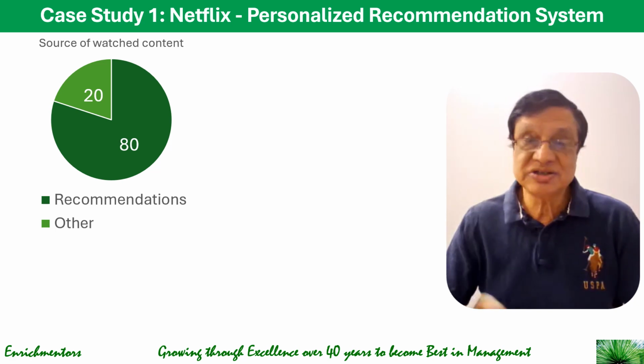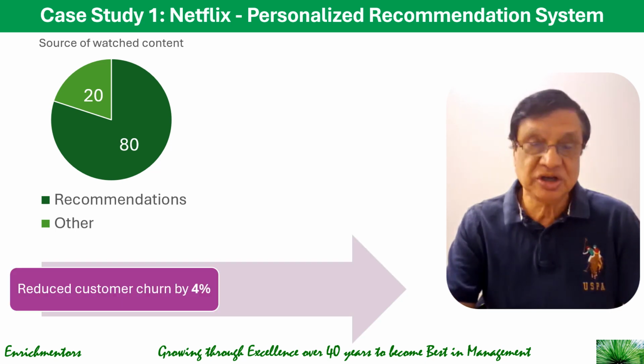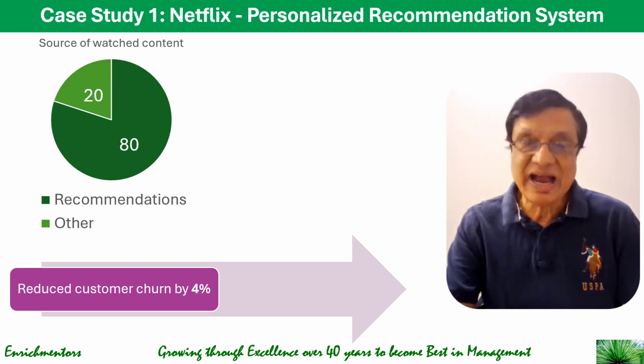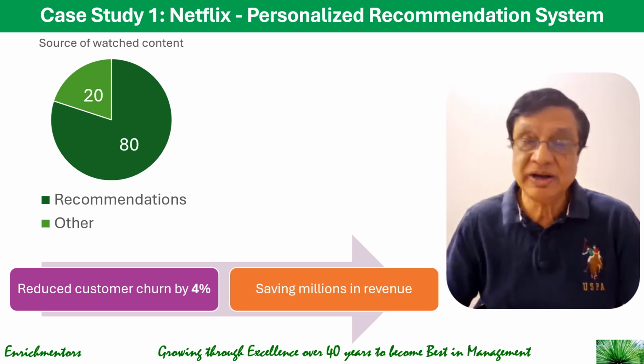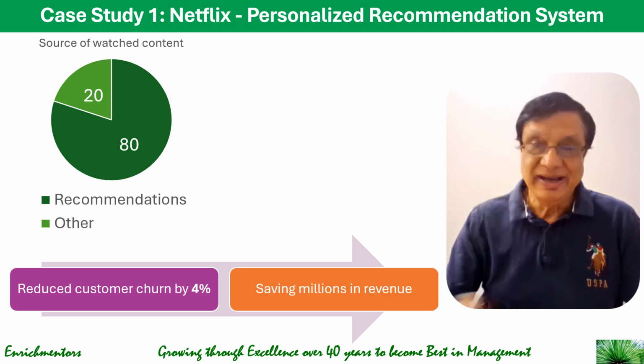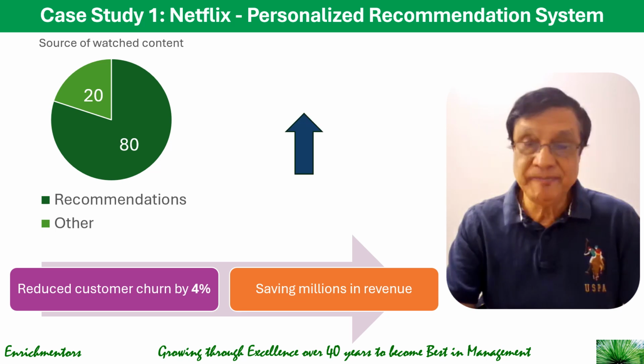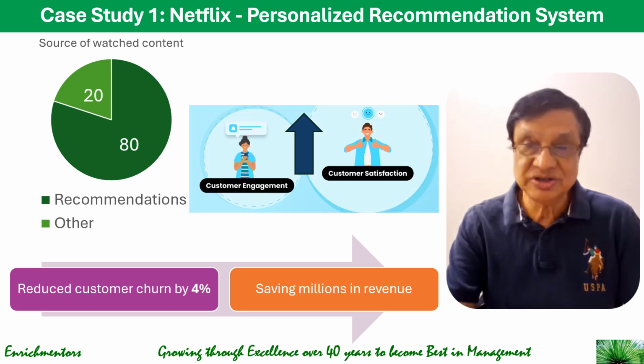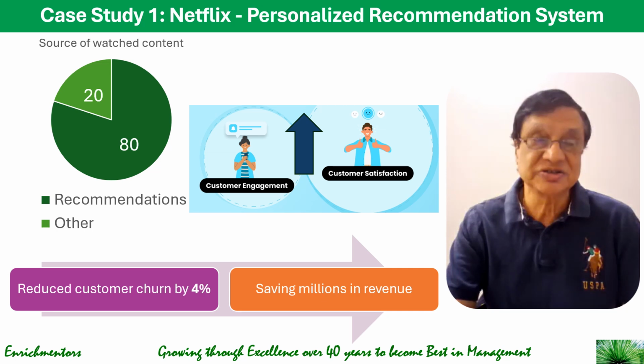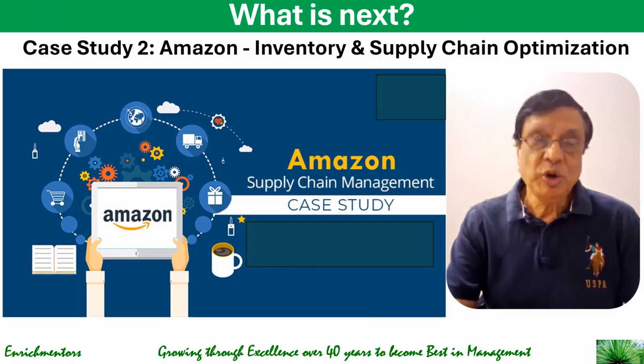So the recommendation system was working. As a result of that, they reduced customer churn by 4%, and that saved billions for Netflix in revenue. And as a result, ultimately, they increased customer satisfaction and engagement, which was the goal of the personalized recommendation system. So, what do we do next?